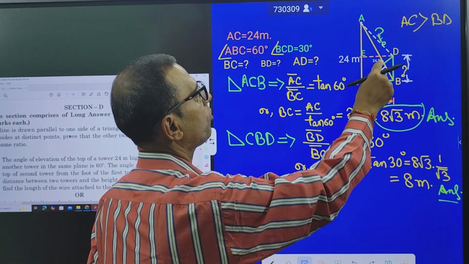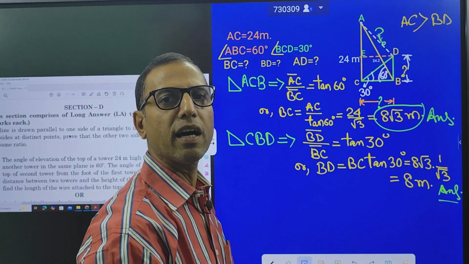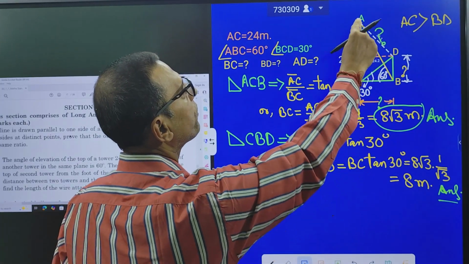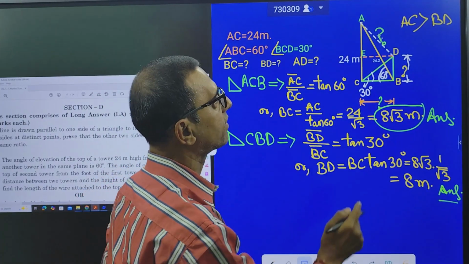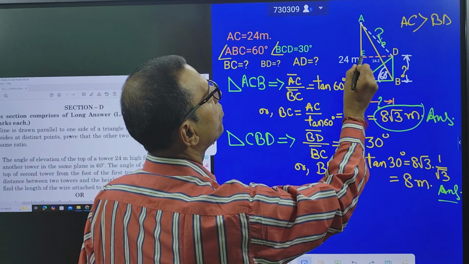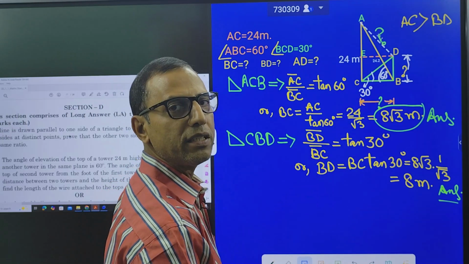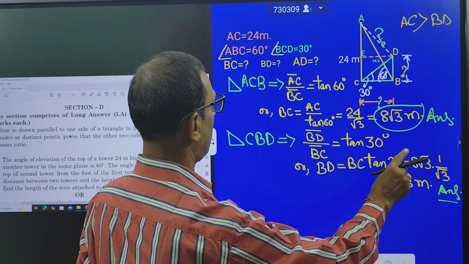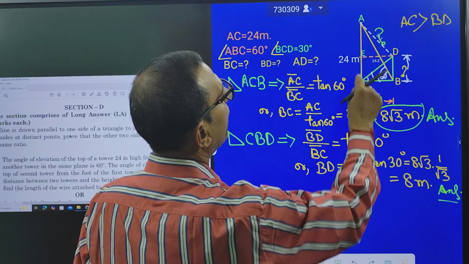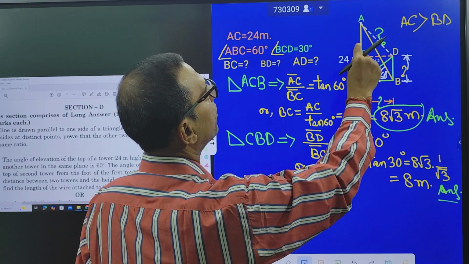So AED, since DE is parallel to BC, is a right triangle where angle AED is 90 degree. Since you know BC, you automatically know DE also. DE equals BC, which equals 8 root 3 meter. Now you know AC, you know BD, that means you can find AE.